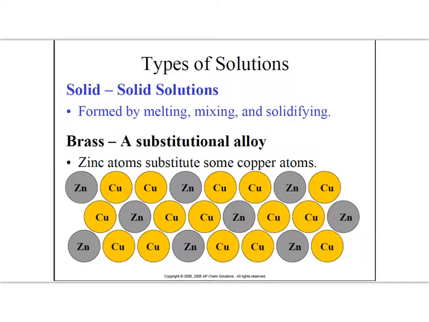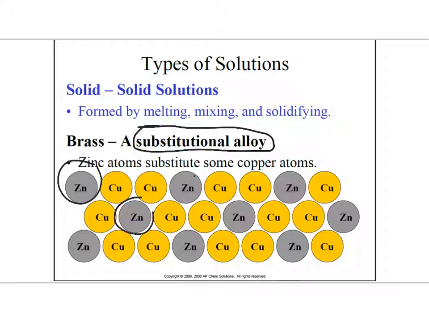Another type of solid-solid solution is the substitutional alloy. This is where we take a metal and replace it with another one when we mix it. Therefore, we have zinc mixed in with the copper here. That changes some of the properties of the metal and also gives it a different appearance. But in this case, since we are substituting atoms that are somewhat of the same size, it's called a substitutional alloy.